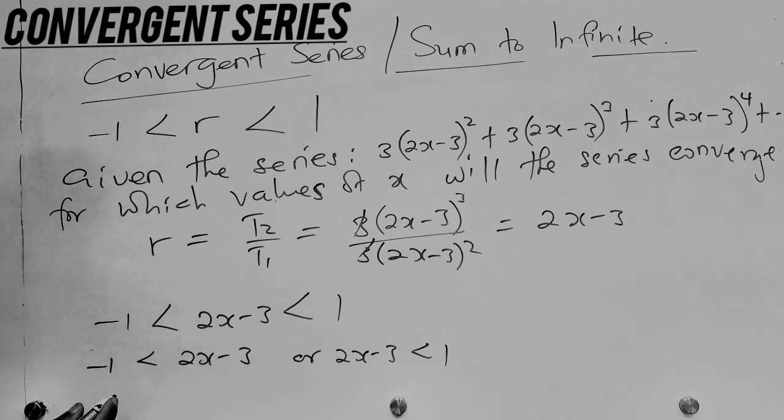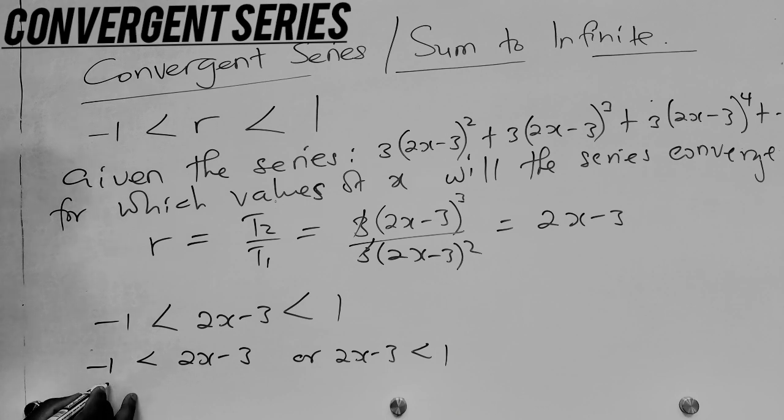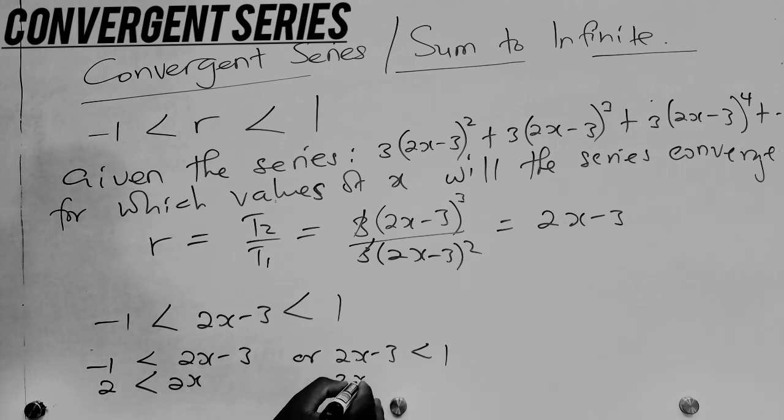So let's take this one this side. It becomes -1 + 3, we get 2, which is less than 2x. Then here, 2x is less than 1, we take this one that side, it becomes plus 3, it's a 4. So we divide by 2 on both sides, we get 1 < x.